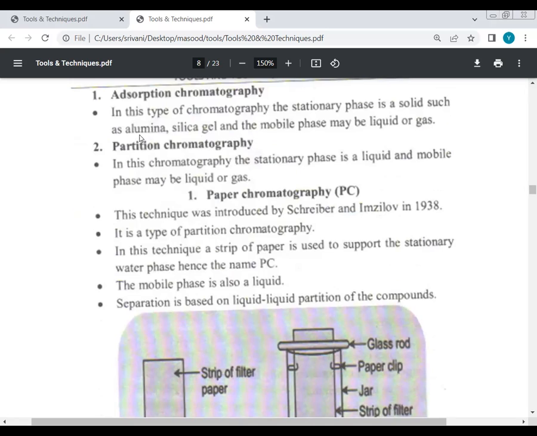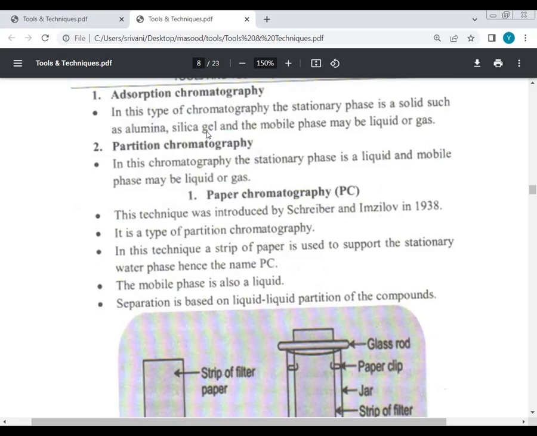Here we take alumina, meaning aluminum hydroxide, dissolved in water, and we dip the slide into it. The aluminum sticks on the slide, we dry it, and afterwards we can use that slide.